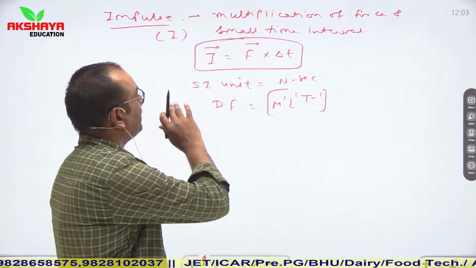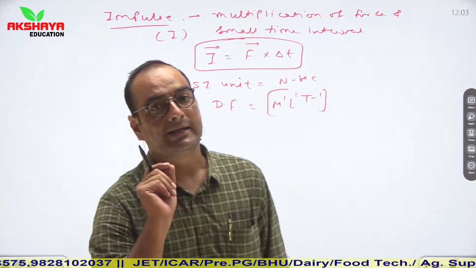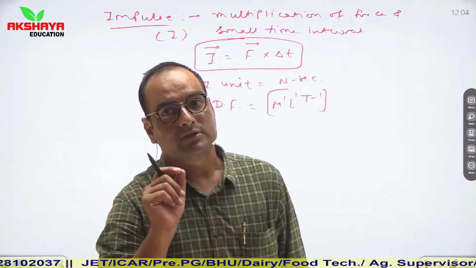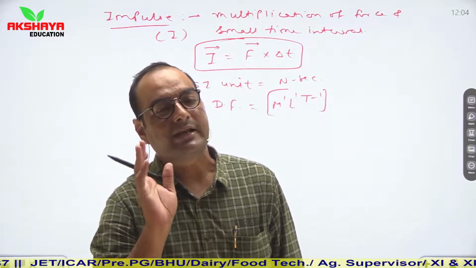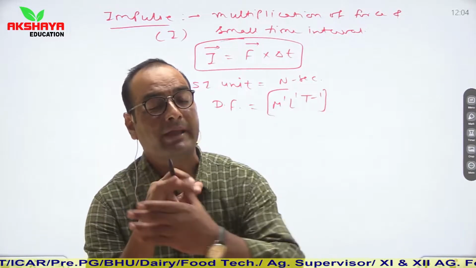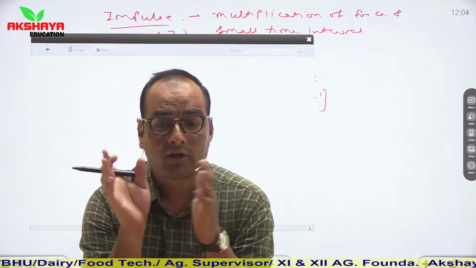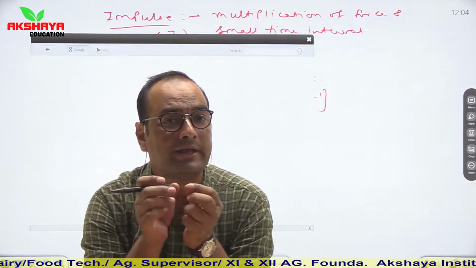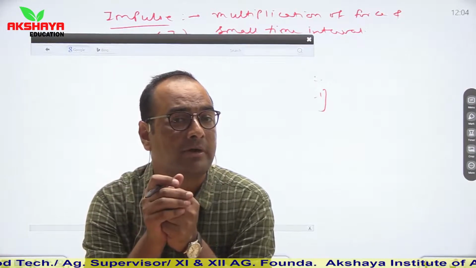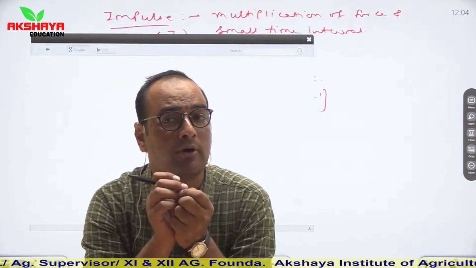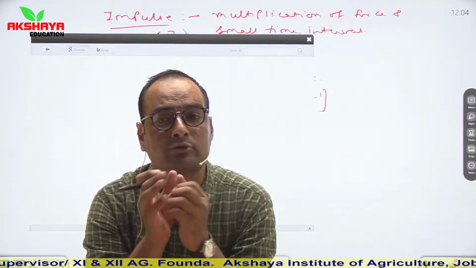Now see, if we talk about practical examples of impulse, what are these? Let us say that while playing cricket, if a batsman hits a ball with a bat, then the contact of bat and ball is for a very small time interval, but the force applied by the bat on the ball is of large magnitude.